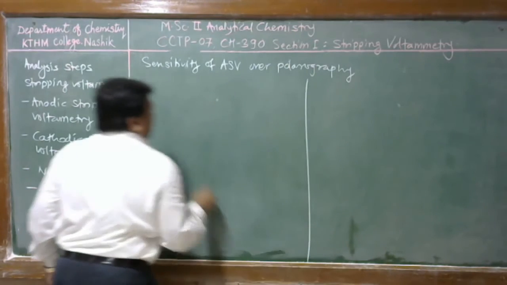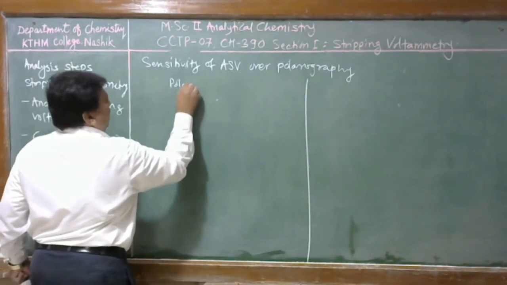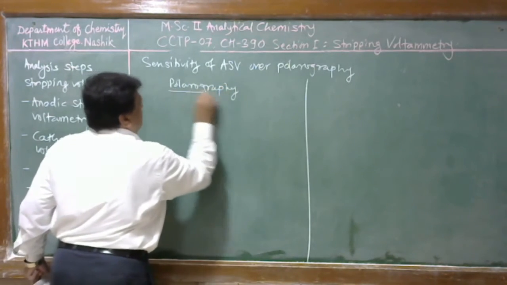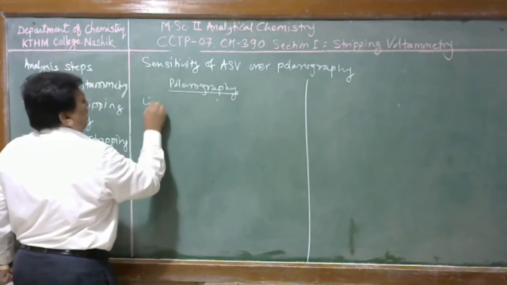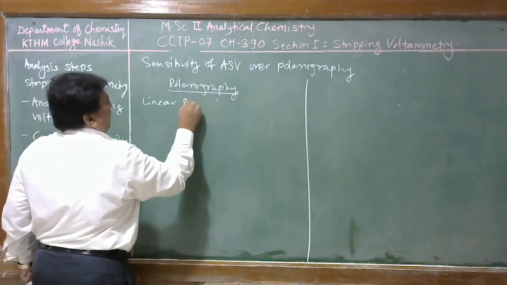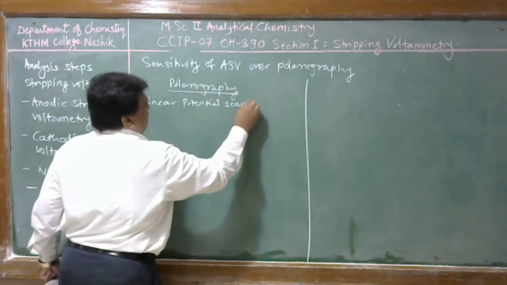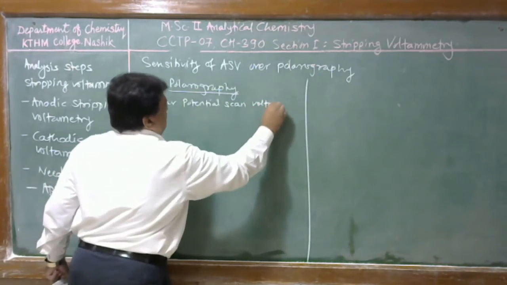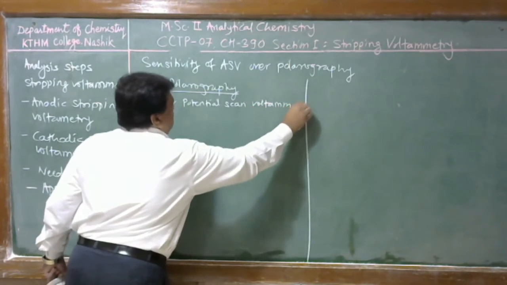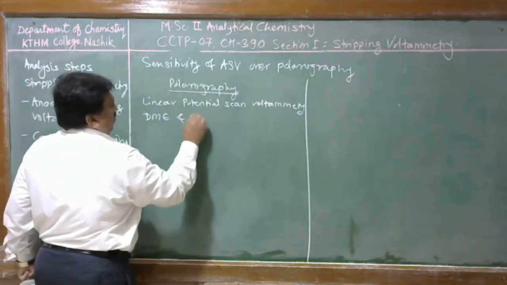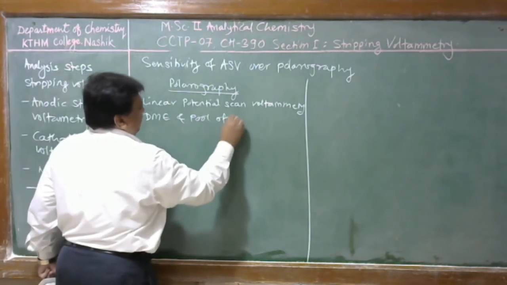Students, we know that polarography is a linear potential scan voltammetry performed by using a dropping mercury electrode and a pool of mercury.